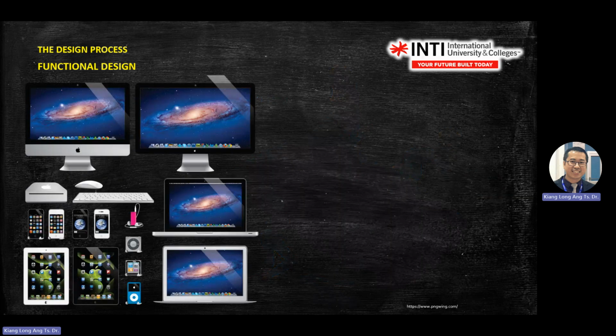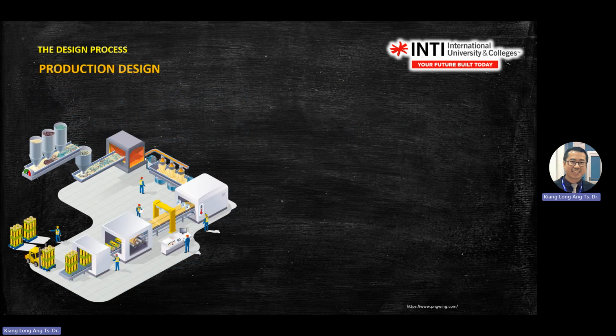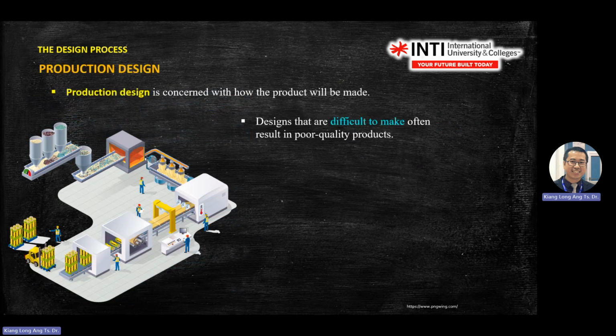Okay. So these are the functional designs from Apple products. If you look at the earlier design of electronic products from Apple, all of them are quite direct. When you receive the product, you know how to turn it on, how to play it, how to open it up, and so on. Production design is more on the process, how the product is being made.